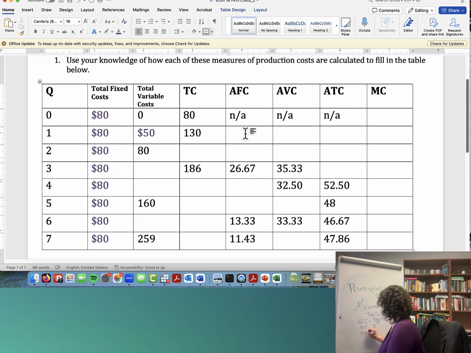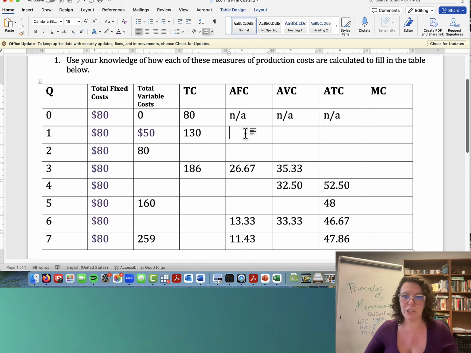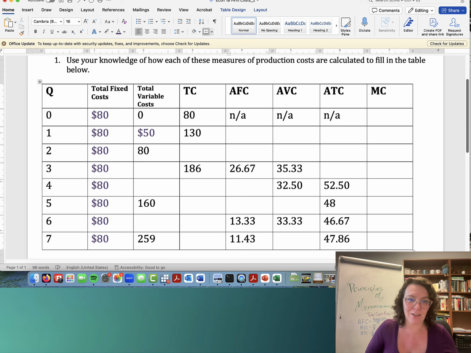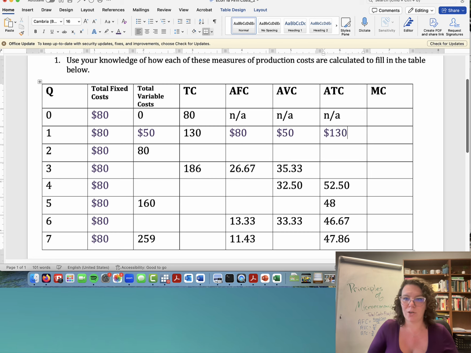And our average total cost is total cost divided by quantity. That's pretty straightforward too. Since in this row we're just dividing by 1, this is the easiest row of them all. Total fixed cost of 80 divided by 1 is just 80. Variable cost of 50 divided by 1 is 50. And total cost of 130 divided by 1 is 130.